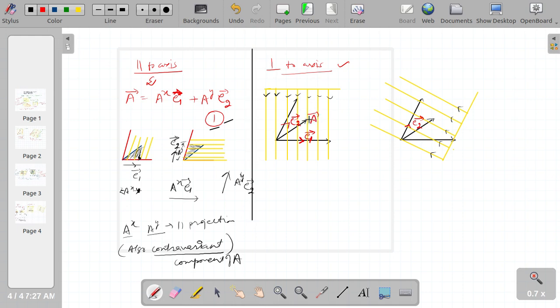And this is vector A. This one is the vector A. This direction is E1.